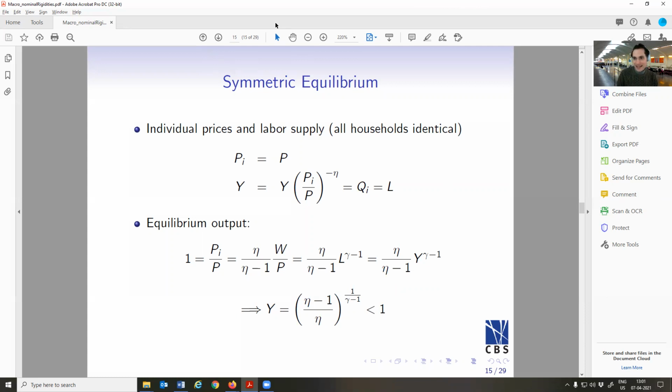Say this is price, this is quantity, here's the demand function, here's marginal revenue, MR, and here's marginal cost, MC.